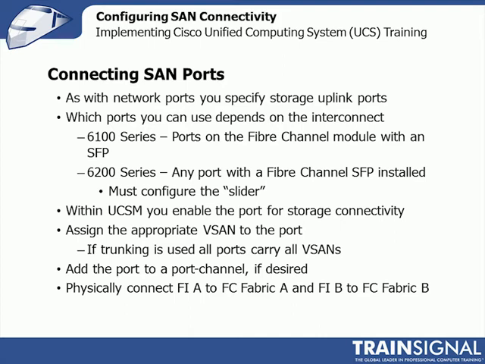You can also assign the appropriate VSAN to the port. Now, if you enable trunking, all connections carry all VSANs. But if you're not doing trunking, you just pick which VSAN you're going to use. We'll talk about VSANs again in a minute, but you create those like VLANs, and then we assign them to the uplinks. And finally, if you're going to use port channels, and I recommend you do, go ahead and add that in there.